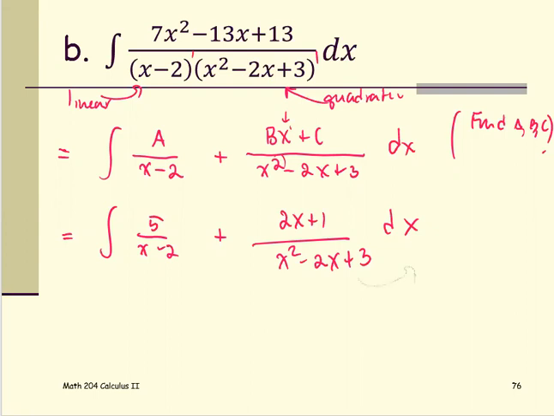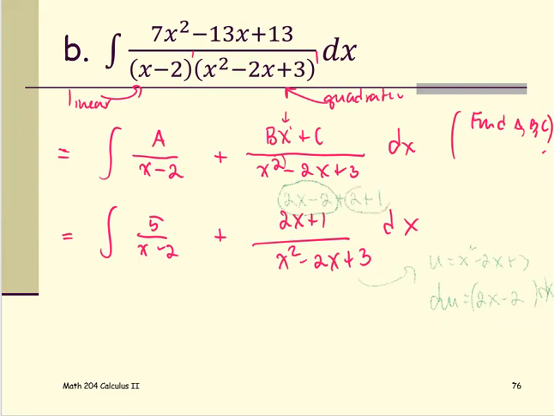I'll put this real quick. If u is x squared minus 2x plus 3, then my differential du is going to be 2x minus 2 times dx. What I have is 2x plus 1, not 2x minus 2. So what I'm going to work on is add in, take out. I'm going to make it 2x minus 2 by subtracting 2 and adding 2 at the same time.